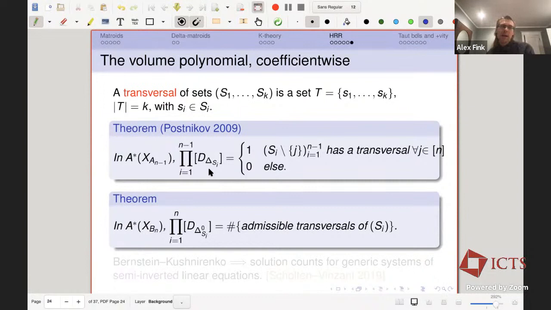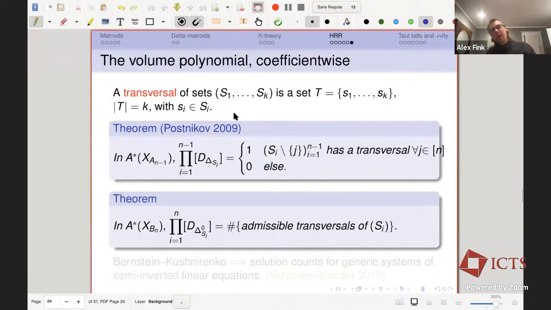So Alex Postnikov did this in type A, not using the toric language. It can be reproved using the toric language, but he asks, what's the mixed volume of simplices? What's the intersection of these divisors? Well, it's 0 or 1, and you can tell which one it is by looking at transversals in the Hall-Rado theorem sense.